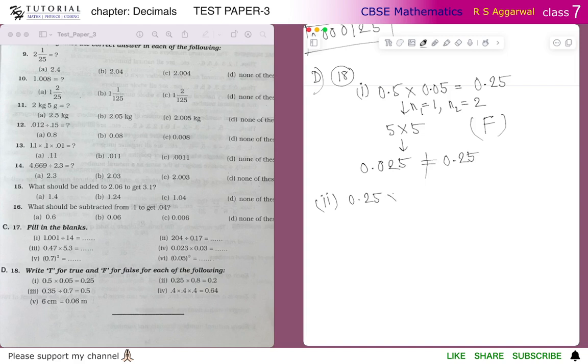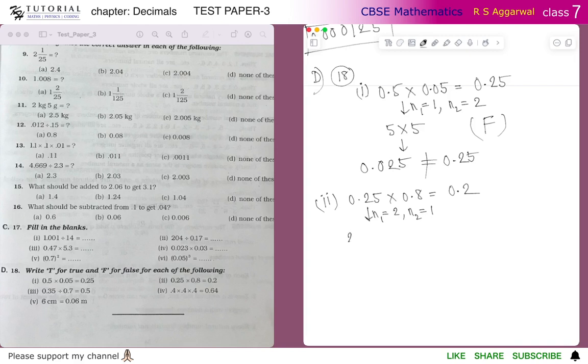0.25 multiplied by 0.8 is 0.2. Let's compute the left hand side. So this will be n1. The decimal places of the first decimal number is 2. The decimal places of the second decimal number is 1. Now we multiply the two decimal numbers, considering them as whole numbers by omitting their decimal points.